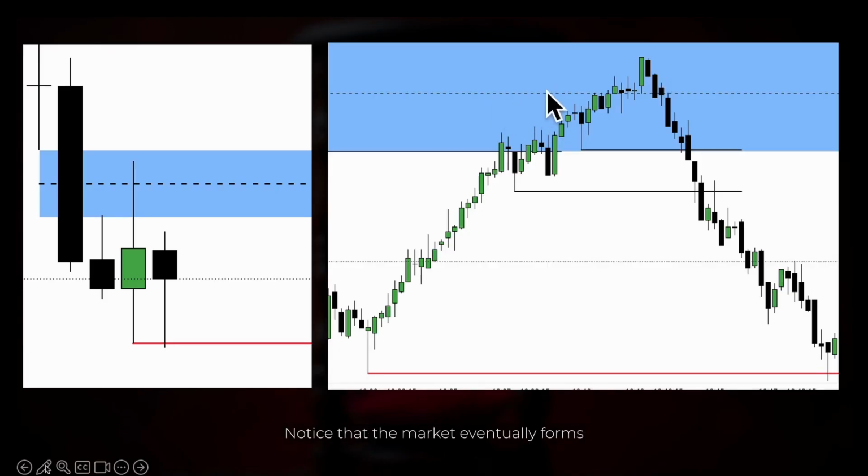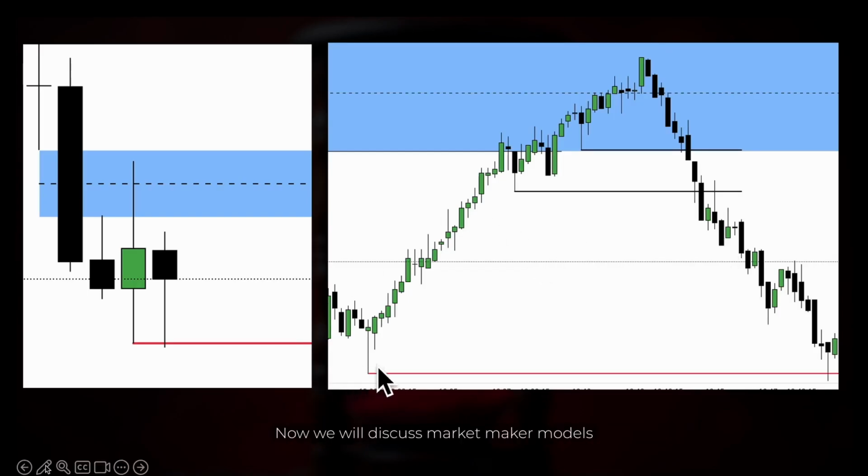Notice that the market eventually forms a swing high inside the price range of that bearish fair value gap of that CB, and the market begins to displace away from it. Notice that it begins to reprice towards the downside. What is the market drawn towards? Well, the market is drawn towards sell-side liquidity resting below this low.